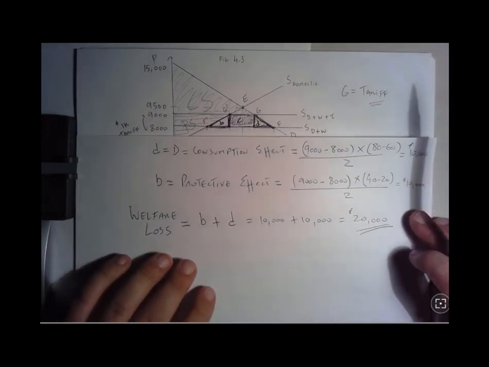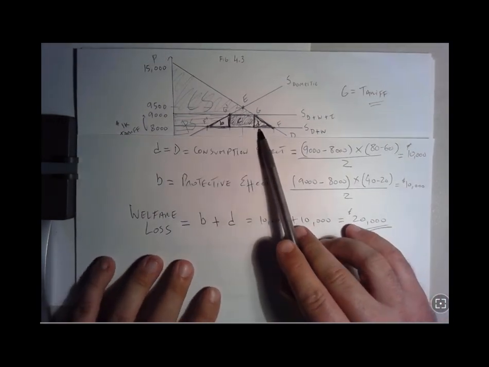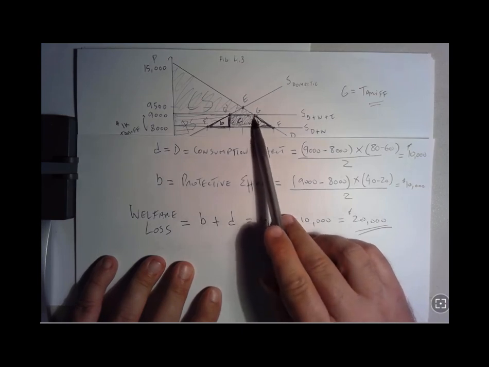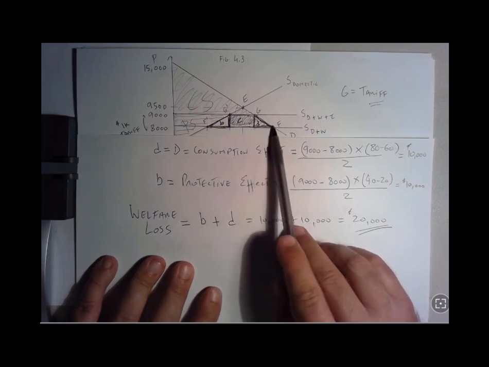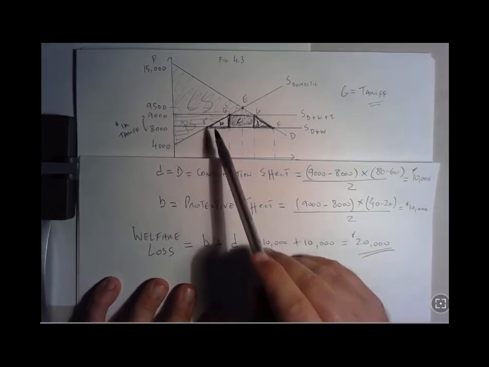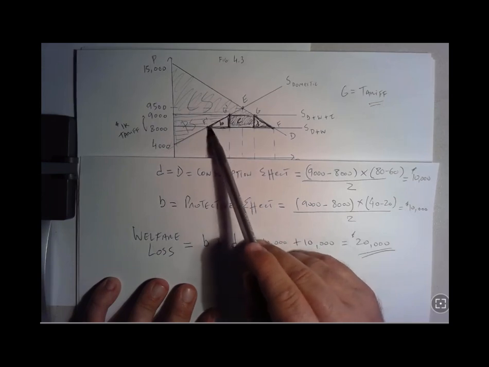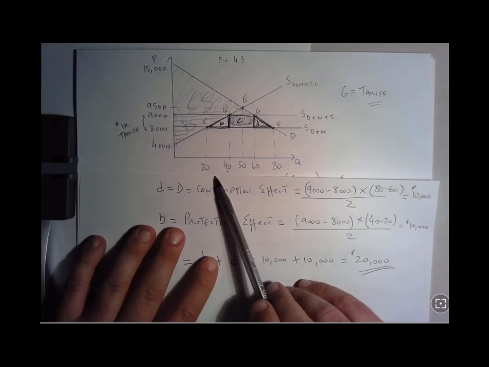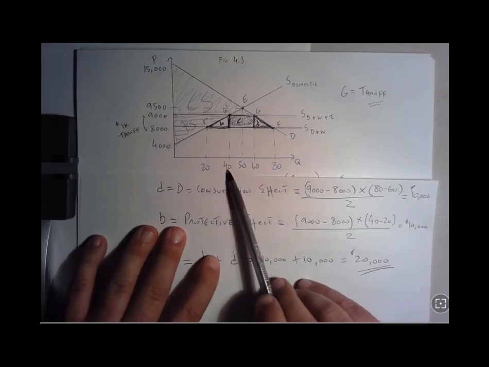Protectionism had two types of effects. We lost money because consumption is lower, so consumer surplus declined. This is gone, area D. And we lost welfare too because of this protection of inefficient production.